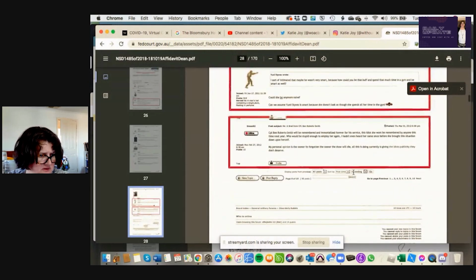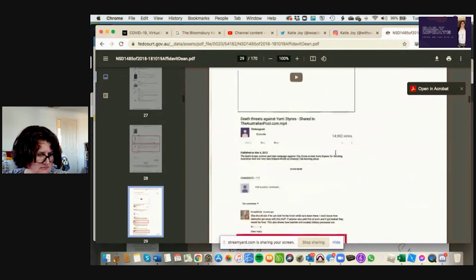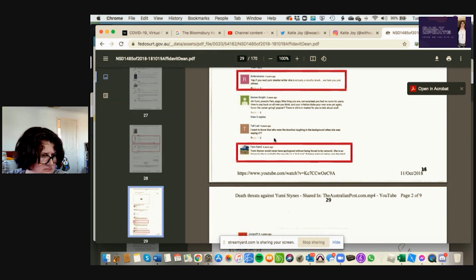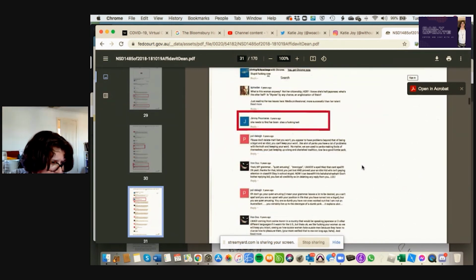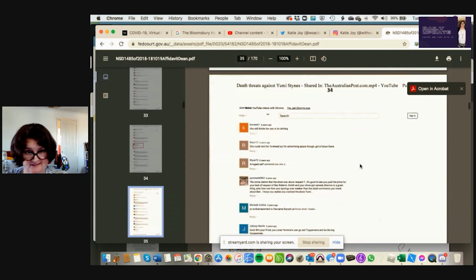So they've just put circles around the ones that they've mentioned. But there's 170 pages on this.